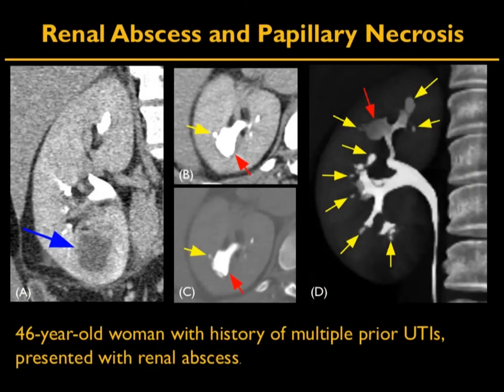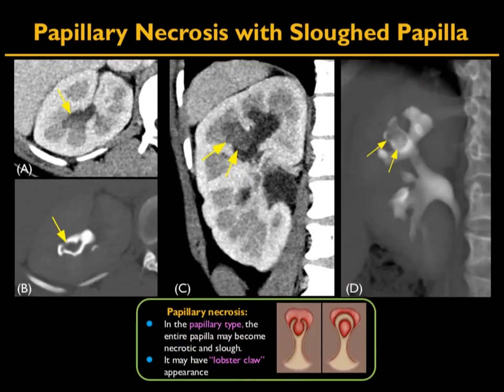Now, with papillary necrosis, you may also see abscess formation. Here, marked deformity of the calyces. You can see marked deformity of the tips of the calyces as well as more into the pelvis. Patients may have multiple prior urinary tract infections, so it's a whole spectrum of disease. You may even see it go this far where you have a sloughed papilla, very nicely as a filling defect.